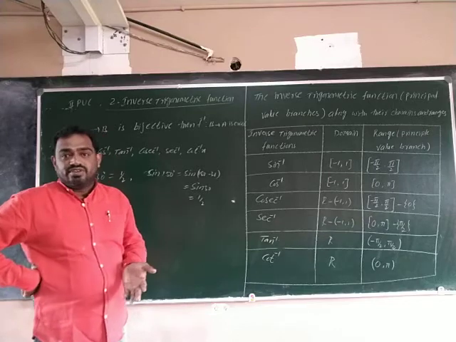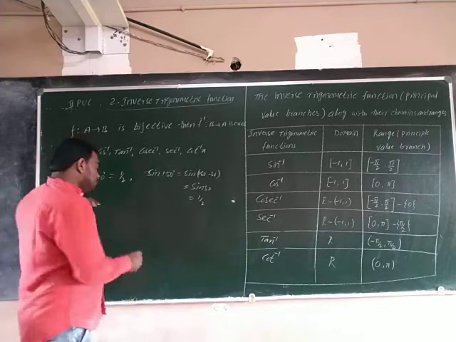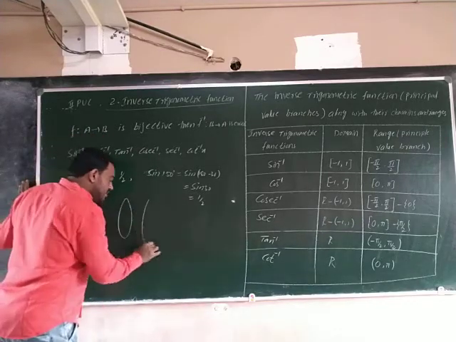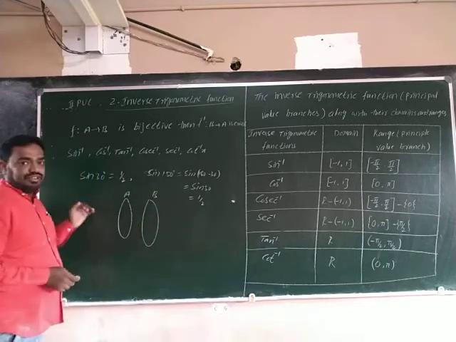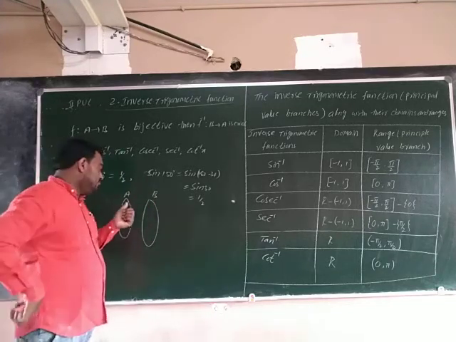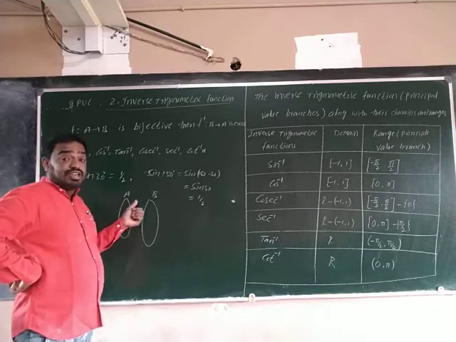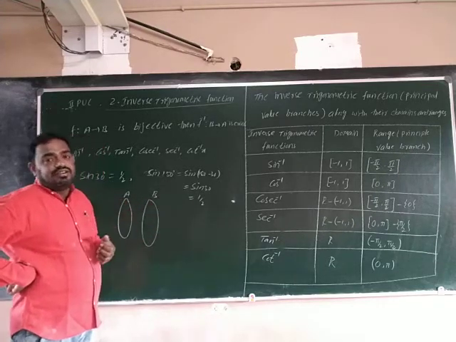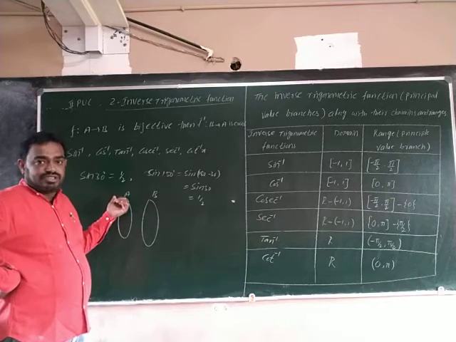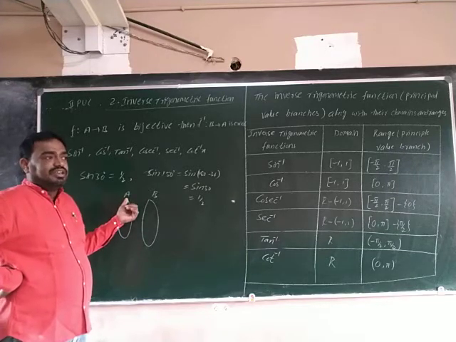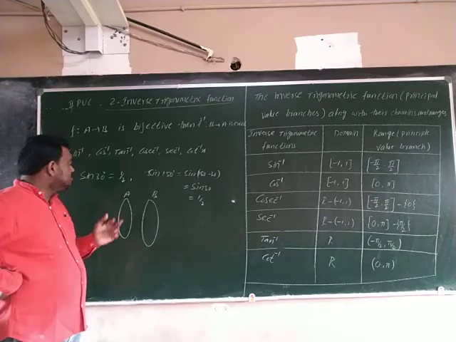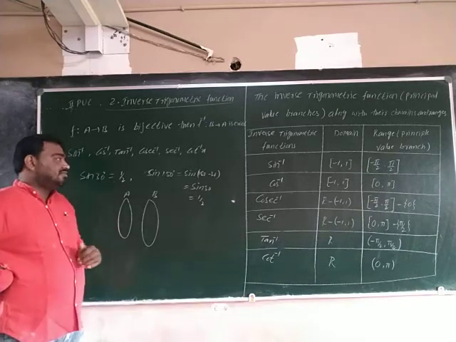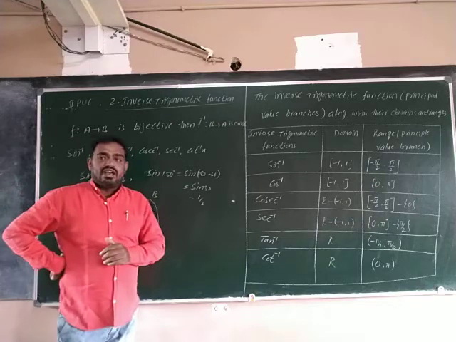What is the definition of a one-one function? Every element in A has a different image in B, every element has a unique image in B. Then only it is an injective function, that means one-one. But you see, 30 degrees and 150 degrees have the same image.